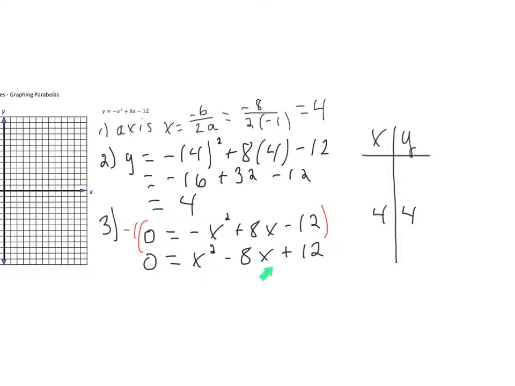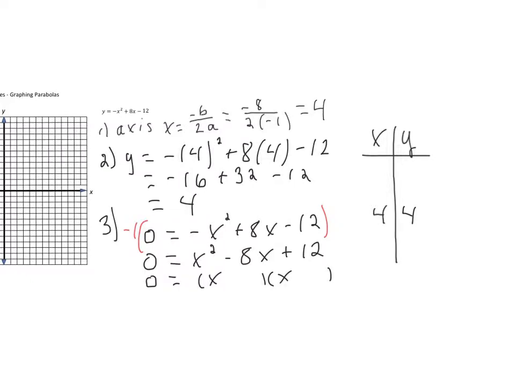So now we have a trinomial that starts out with positive x squared. It'll be easier to factor. So this is an easy trinomial. We're going to start with our 2 parentheses here and here, and put x and x in the front of each.